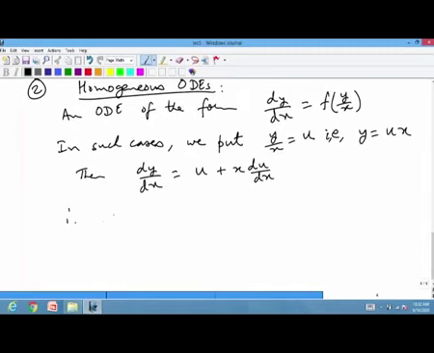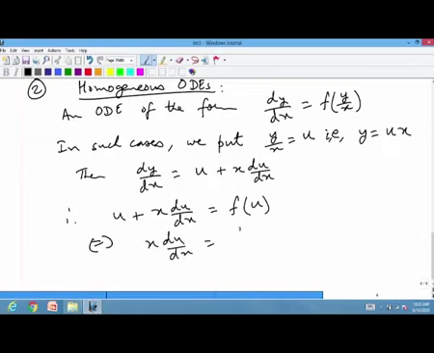So, therefore, we get u plus x du dx is equal to f of y by x, which is f of u. Now, you can see that this becomes a variable separable ODE in the variables x and u, which is the same as x du dx is equal to f of u minus u, or du by f of u minus u is equal to dx by x.